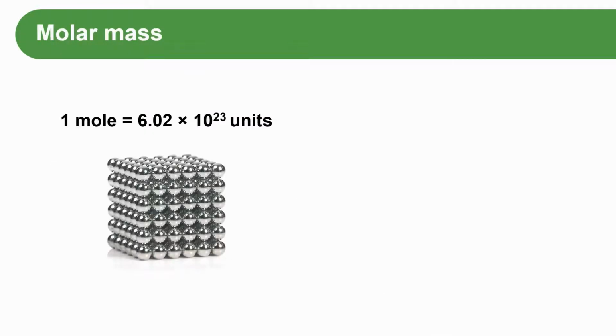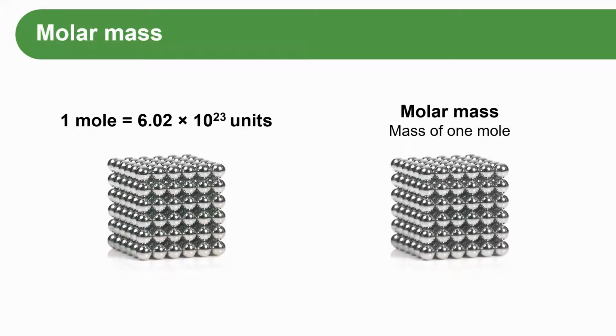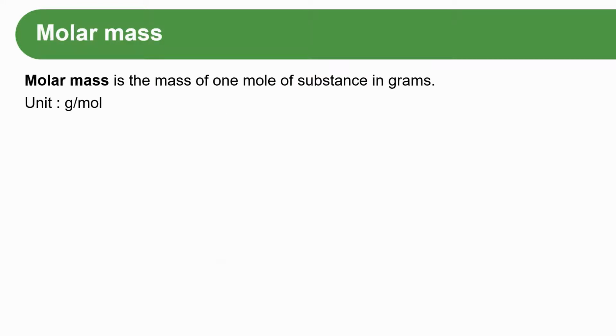And now we want to look at this new measurement, we call it molar mass. We know that 1 mole is 6.02 times 10 to the power of 23 units. And we are interested to find the mass of 1 mole of any substance. So we define molar mass as the mass of 1 mole of substance in gram, and the unit is gram per mole.